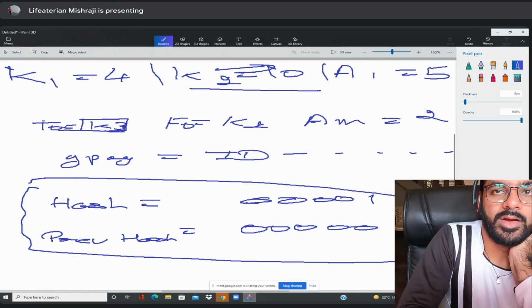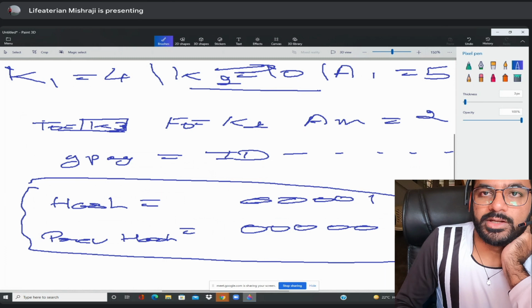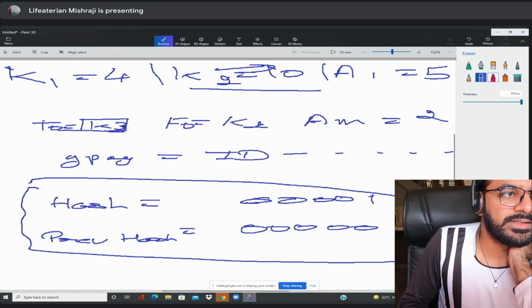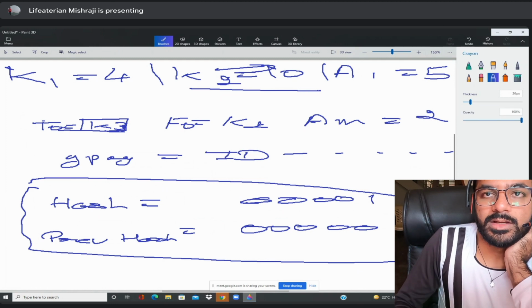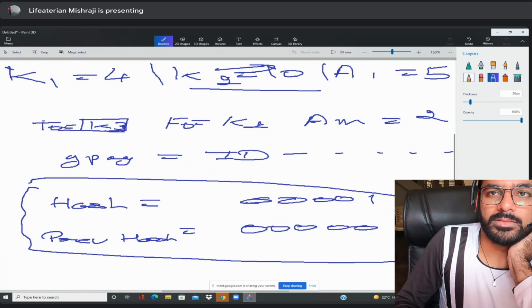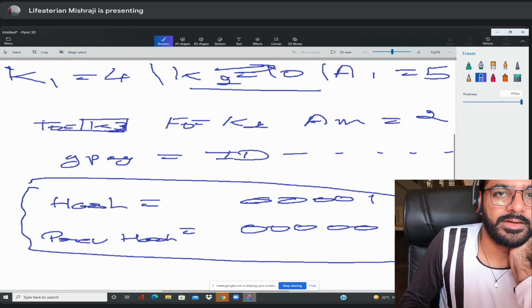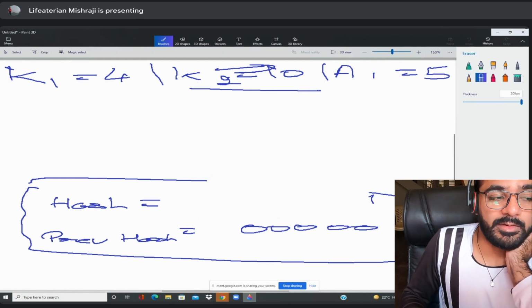Okay, what Karthik will do now is send one more bitcoin to Aishwarya. Okay, we'll understand it now. Remember the hash number.